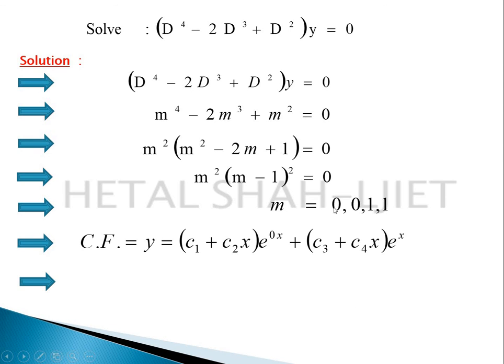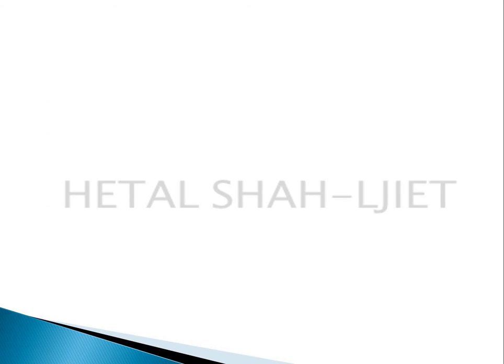So here 0, 0 are real and repeated, 1, 1 are again real and repeated. So (C1 plus C2x) e raised to 0x, (C3 plus C4x) e raised to x. So e raised to 0x is 1, so (C1 plus C2x) plus (C3 plus C4x) into e raised to x. This is our solution.